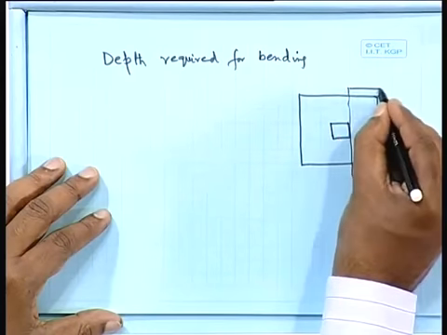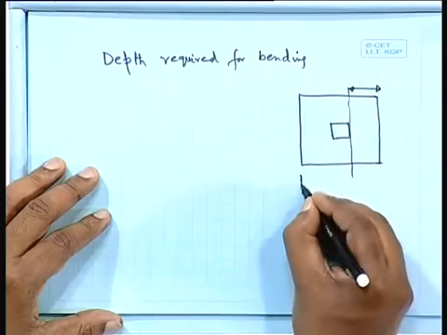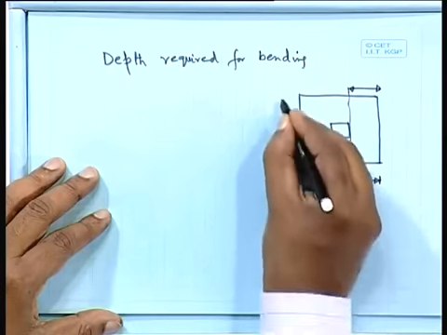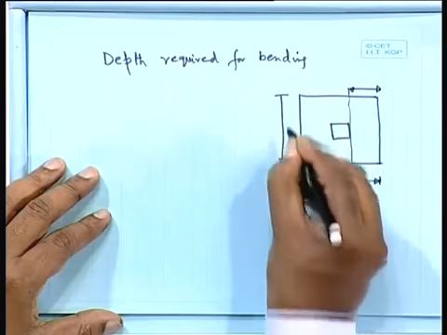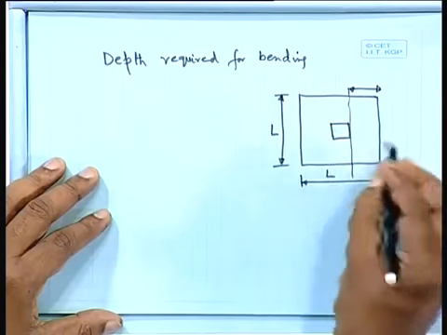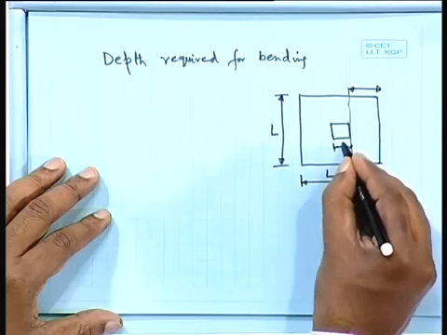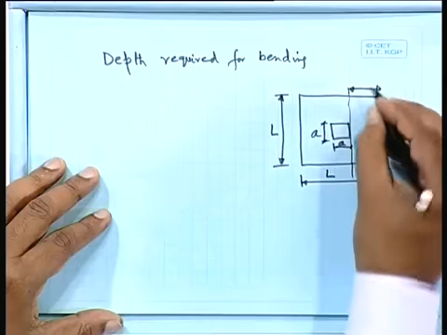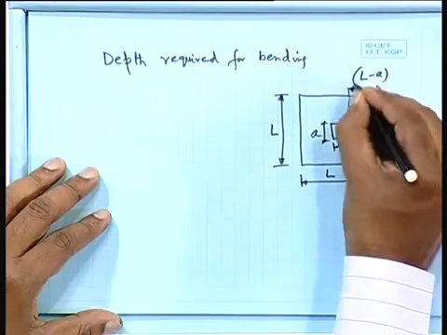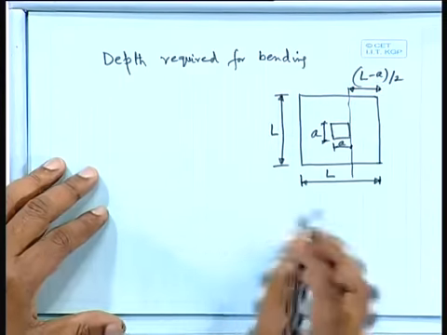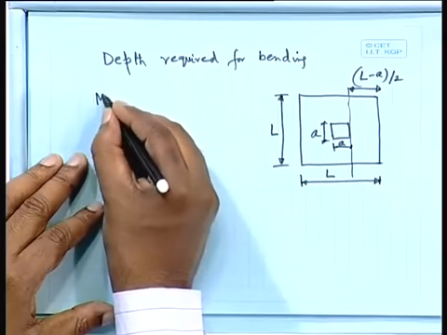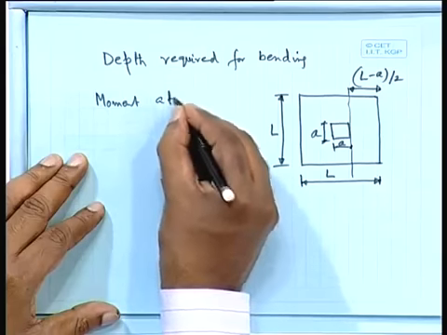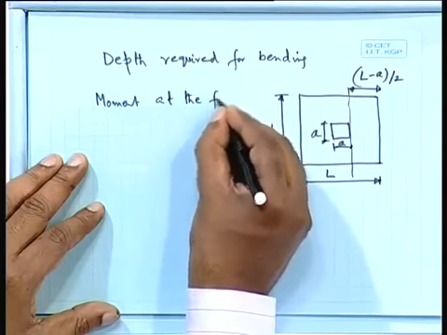So this one will be equal to, this is your L and this is your A. So L minus A by 2, moment at the face of the column.